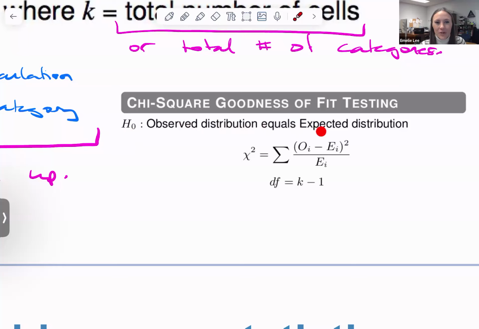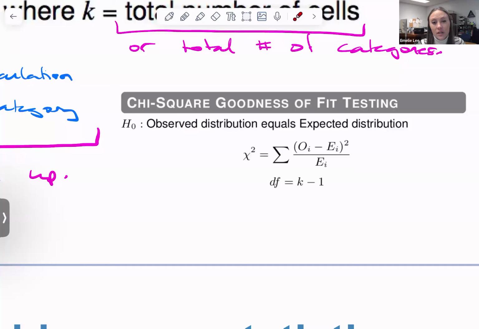Now you're going to make that question specific, right? We would say the observed distribution of die faces equals the expected even distribution of die faces, right? And so you need to add a little flair, but generally this is the null hypothesis.